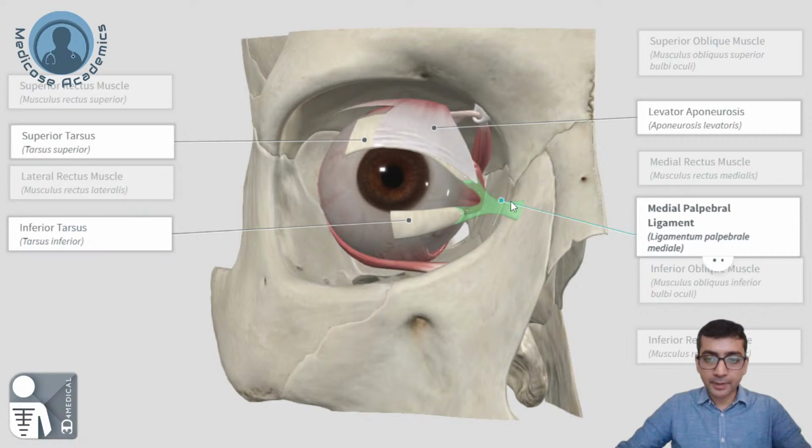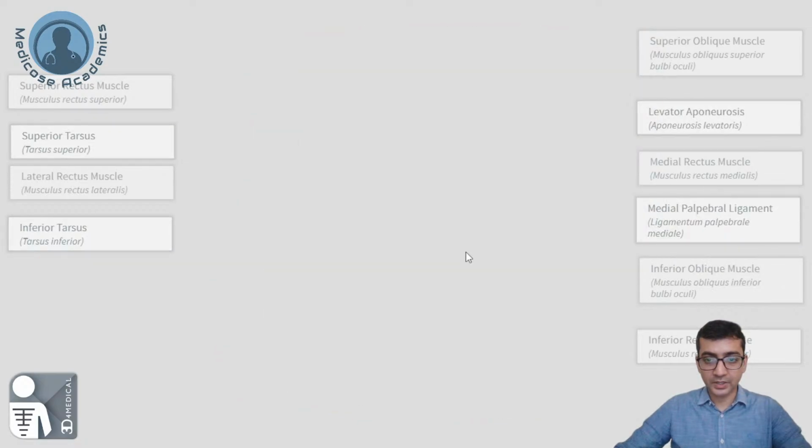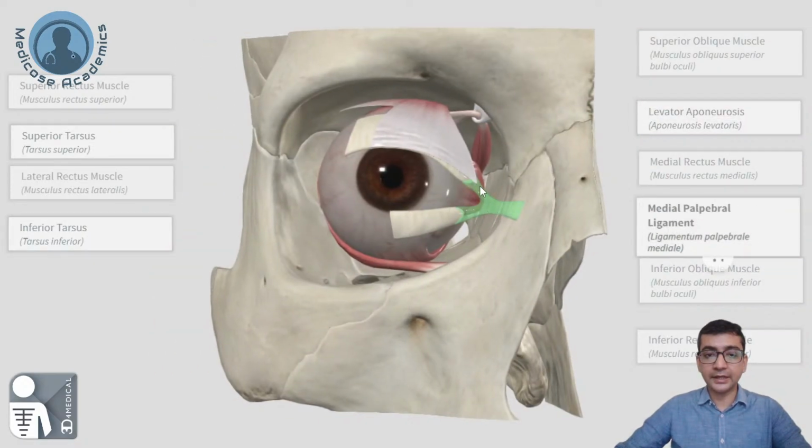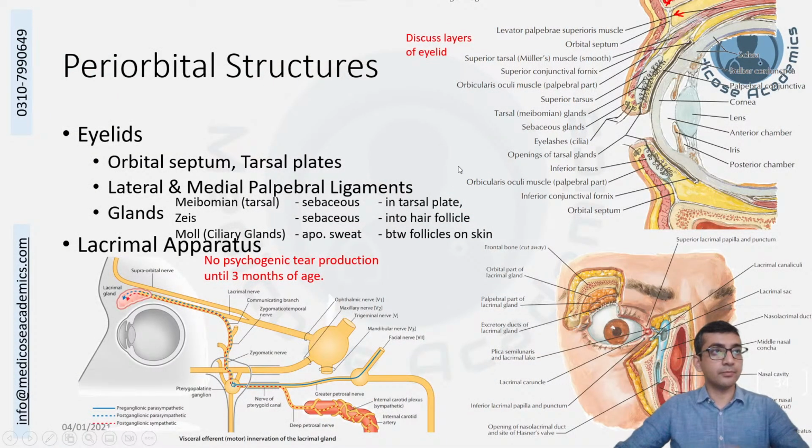The medial palpebral ligament gives insertion and origin to the orbicularis oculi, the palpebral part, and it is giving insertion to part of the levator palpebrae superioris also. So they are making the medial and lateral aspect of the eye, and these are the palpebral ligaments.